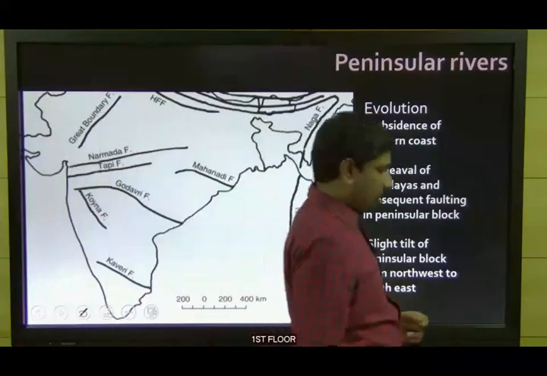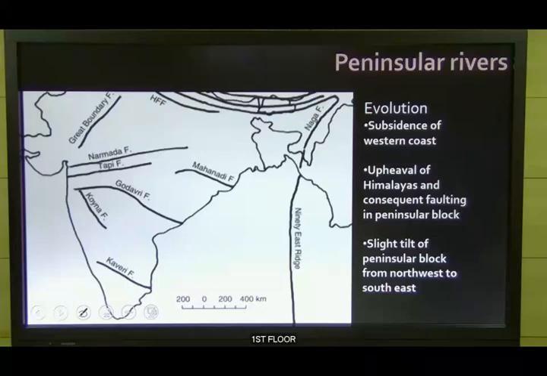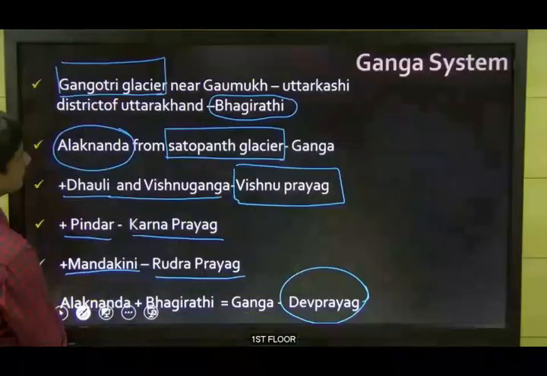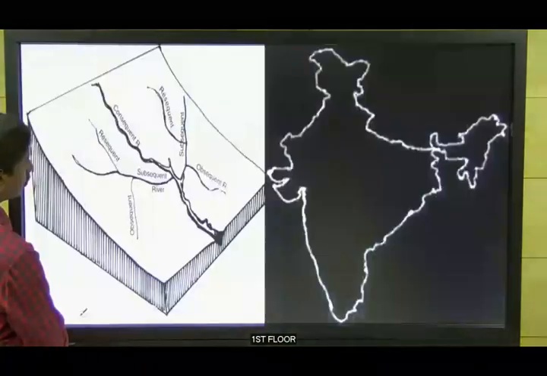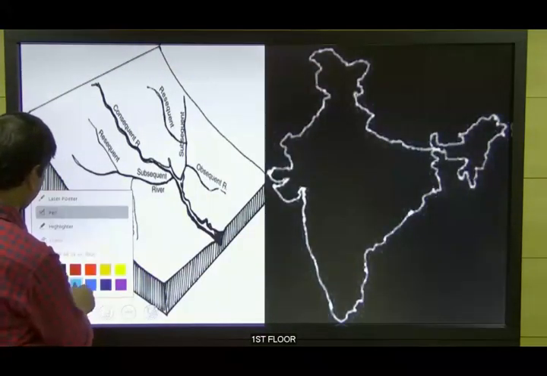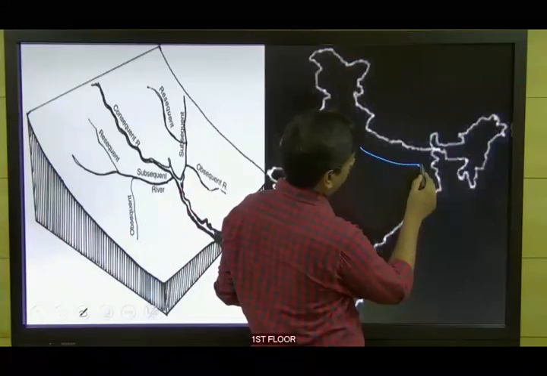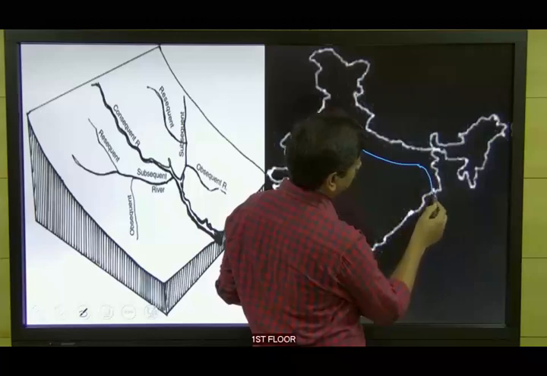Okay, coming to the peninsular rivers. Okay, I am being asked by some of you to draw the Bangladesh part again. Okay, in this I will draw. The river Ganga, after Farakka barrage, flows down as Hooghly.